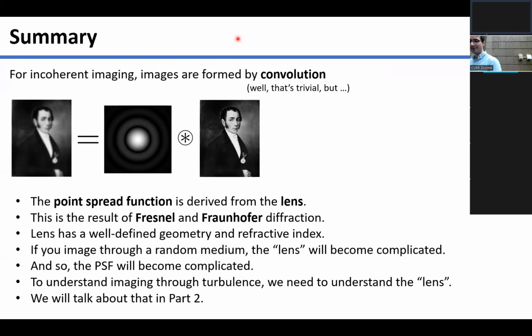If you image through a random medium, this lens that we talked about is going to become very complicated, and that's going to be the source of our problems. But in order to understand this, we needed to understand the lens, so that's why we did all that. In summary, for a perfect image, take the Fourier transform of your aperture and do the convolution; that will be the image you get on your sensor.